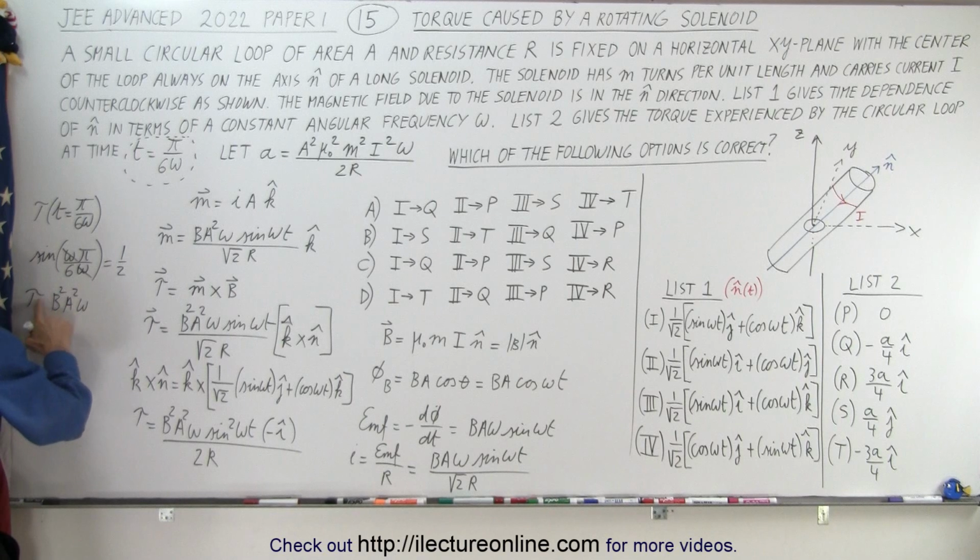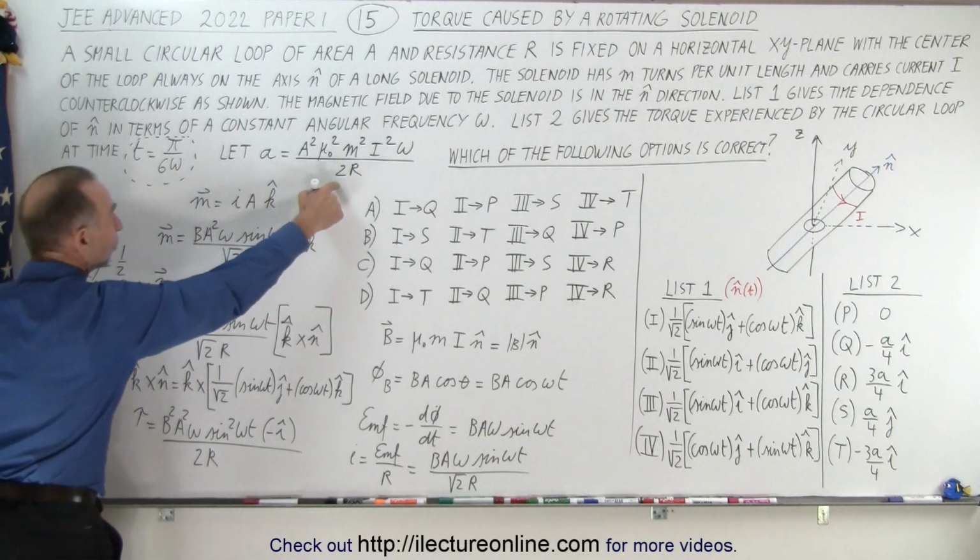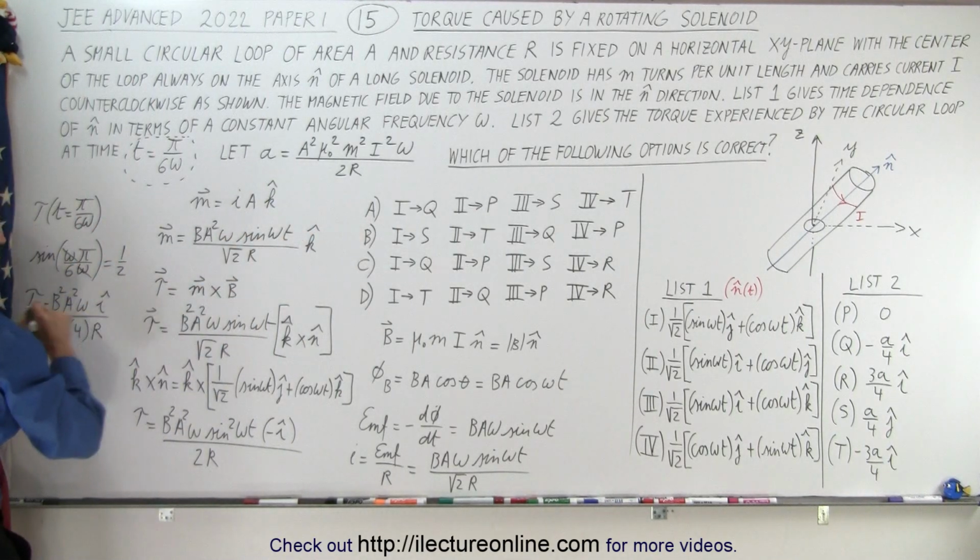times the negative, let's put it as a negative that, times i divided by 2 times 4, and you'll see in just a moment why I left the 2 there, because I need a 2 over here, times r.